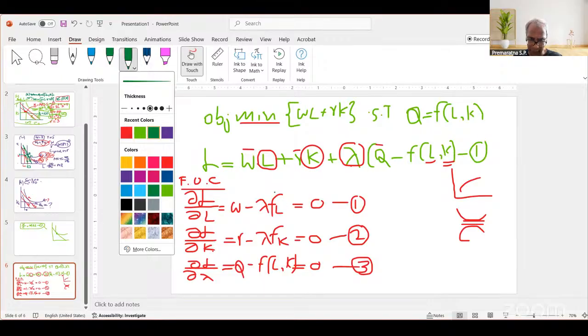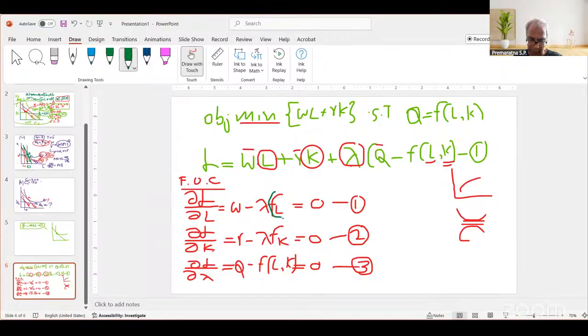Now here, like I explained last week, FL means the marginal product of labor, and FK means the marginal product of capital.